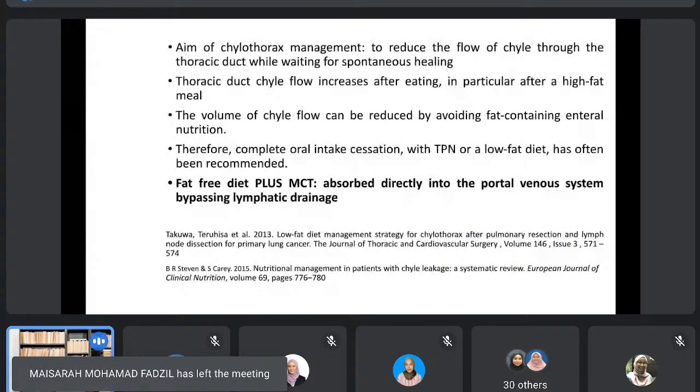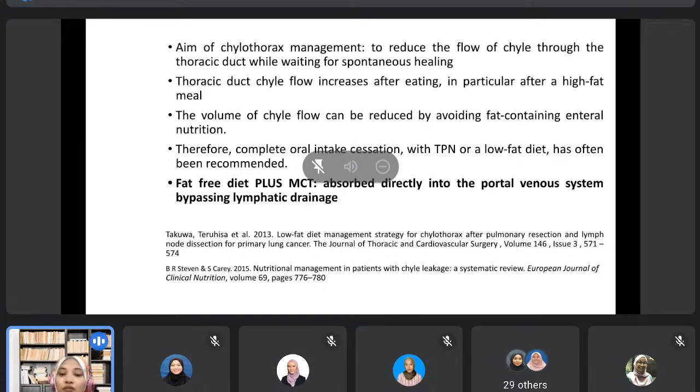So the aim of this fat-free diet is to reduce the flow of chyle through the thoracic duct while waiting for spontaneous healing. And then this thoracic duct chyle flow increase after eating, particularly after a high-fat meal. So this volume of chyle flow can be reduced by avoiding fat-containing enteral nutrition.